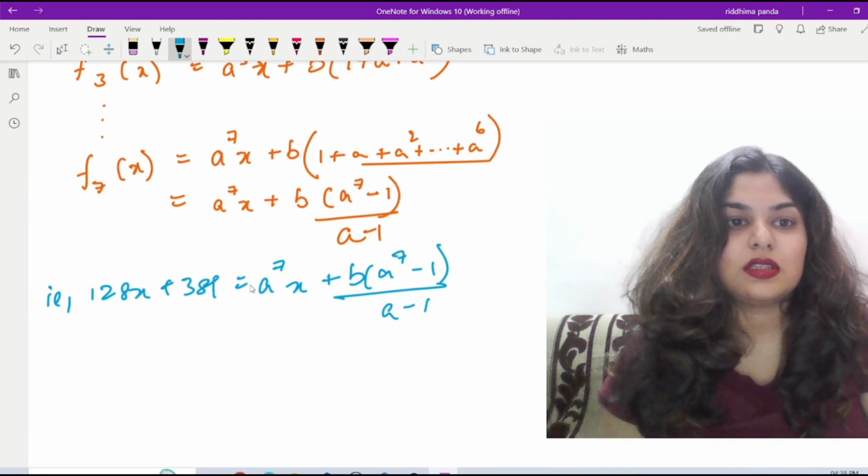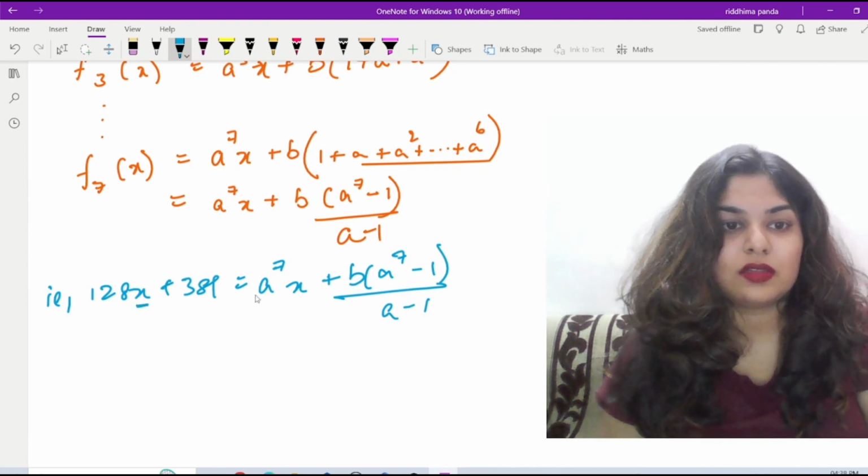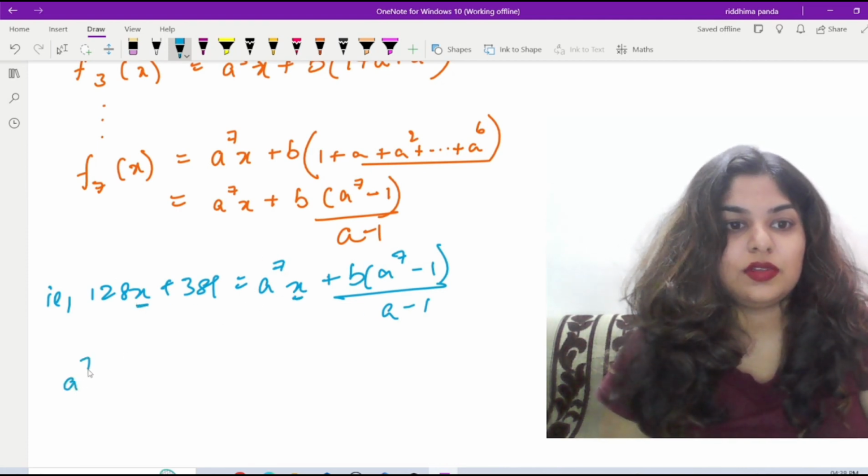Now we are given that f_7(x) is 128x plus 381, equal to a to the power 7 x plus b into (a to the power 7 minus 1) by (a minus 1). If we compare both sides, it is very clear that the coefficient of x, that is a to the power 7, is equal to 128.